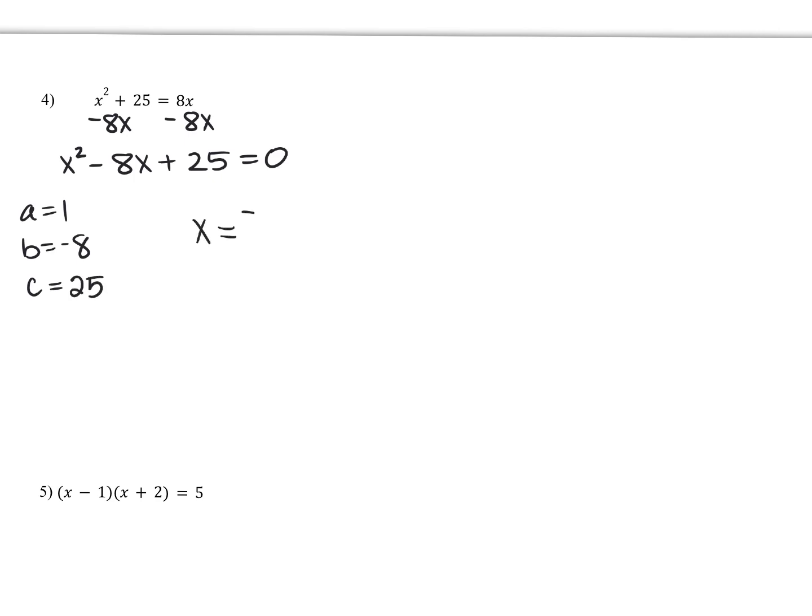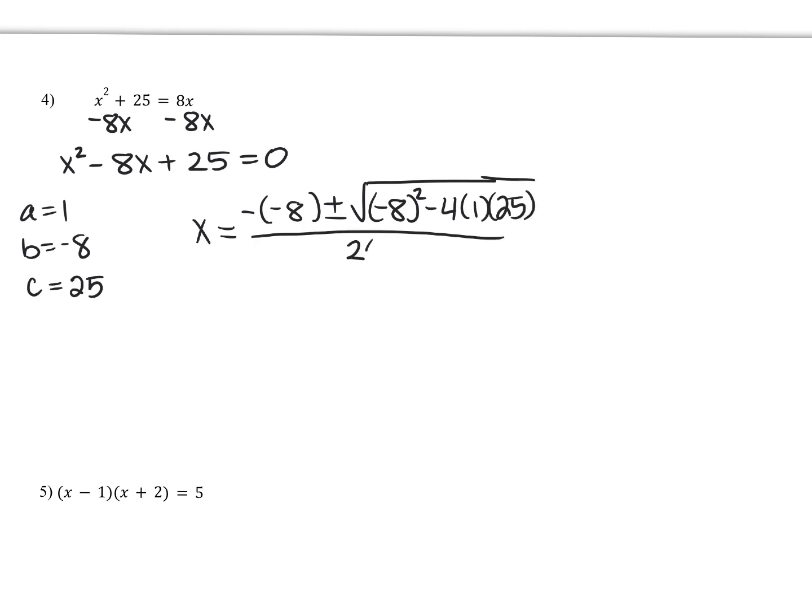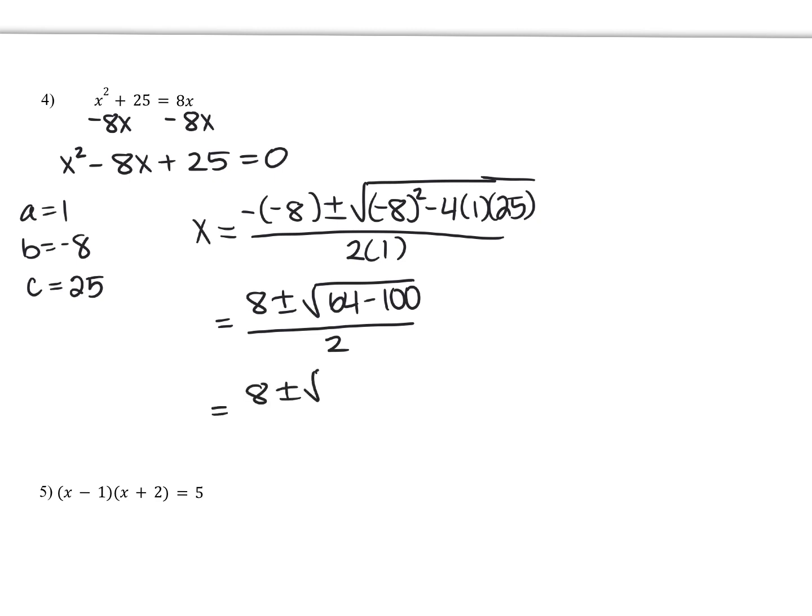So we're going to have x equals negative negative 8 plus or minus the square root of negative 8 squared minus 4 times 1 times 25 all over 2 times 1. So it's going to become 8 plus or minus the square root of 64 minus 100 all over 2, which becomes 8 plus or minus the square root of negative 36 all over 2.